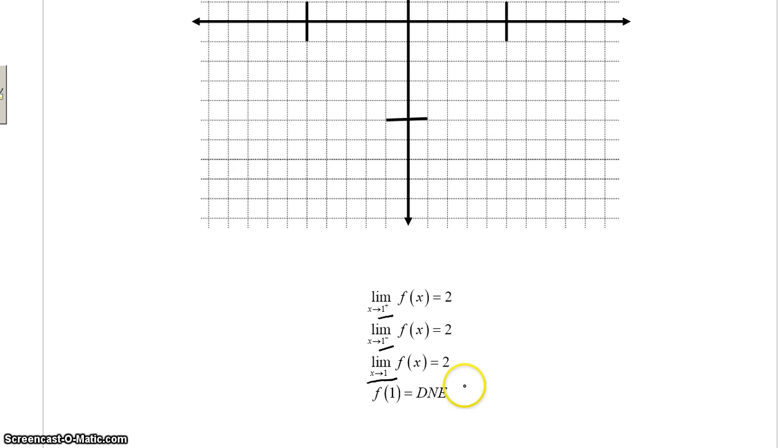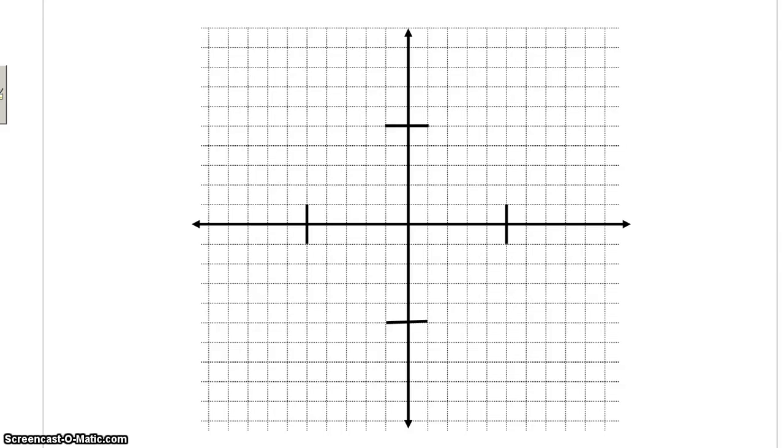Okay, so everything looks just like our other one, except that f of 1 does not exist. Now, we just talked about that. So our graph could look like anything. We also said, so we have (1, 2), so it means our graph is here. And this time, let's make it a line. So now we have this.